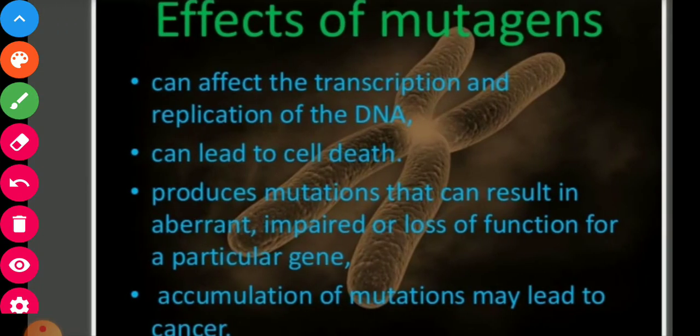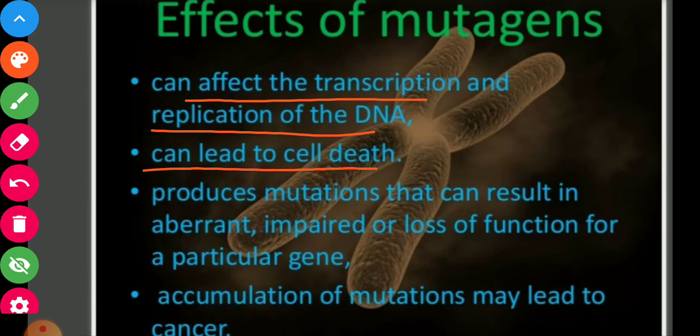Effects of mutagens: they can affect the transcription and replication of DNA. They can also lead to cell death if drastic changes take place in the DNA, because in a drastic change the cell cannot survive.